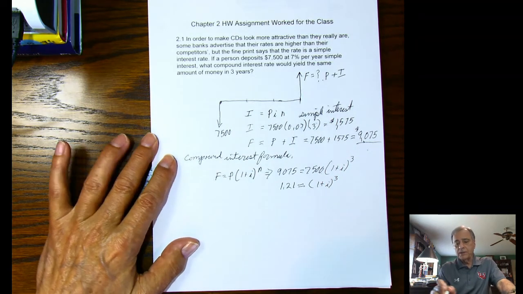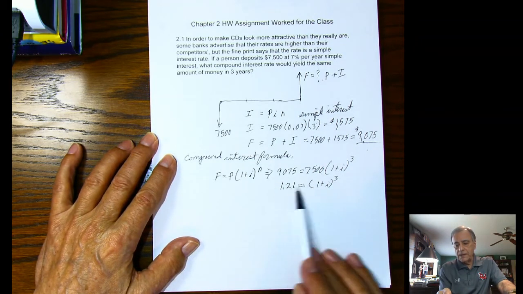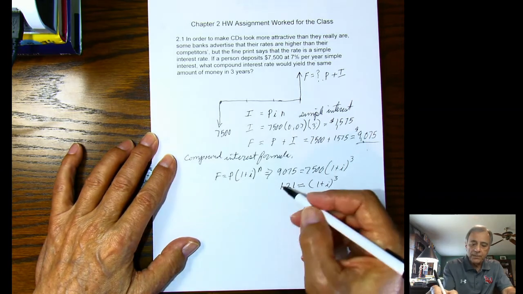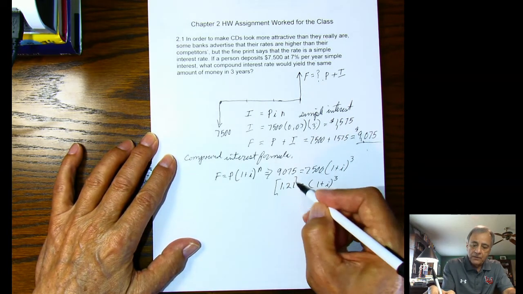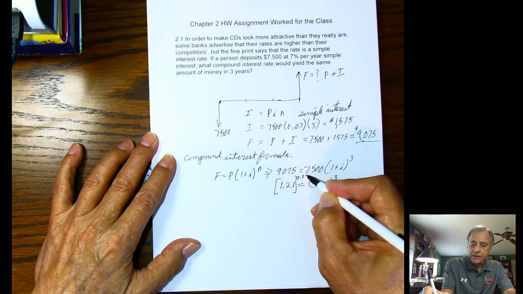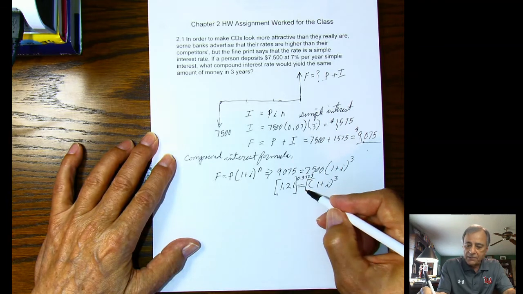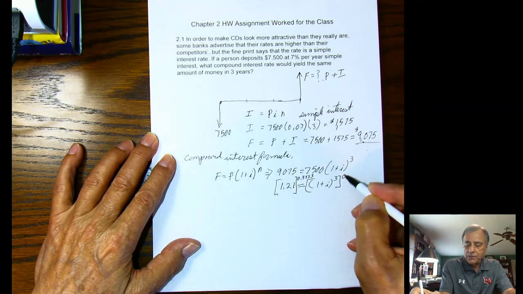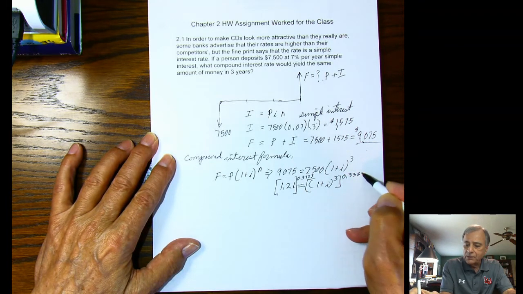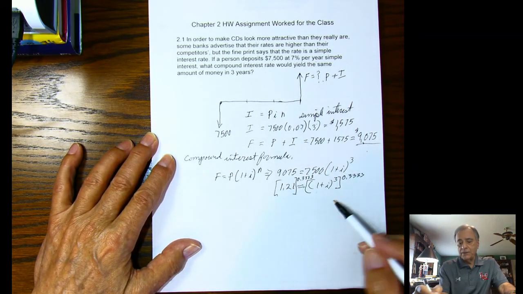The next thing I'm going to do is take both of these sides of the equation to the 1/3 power, to the 0.3333 and so on. That's 1/3. And then do the same thing with this. Well, (1 plus i) cubed to the 1/3 power is just 1 plus i.